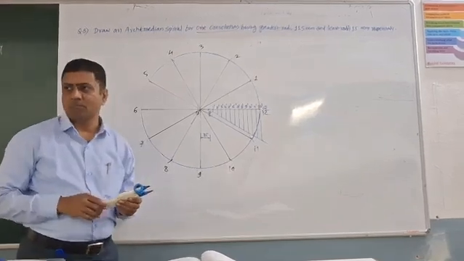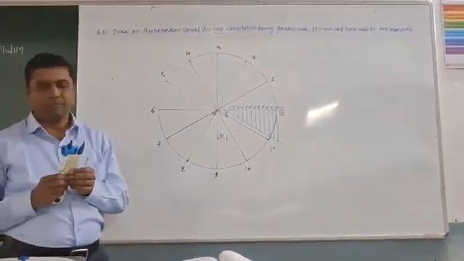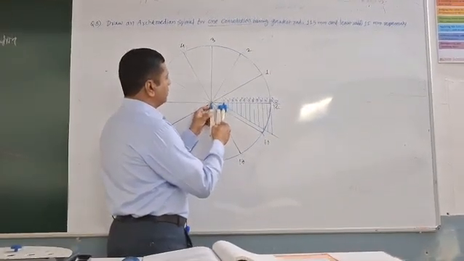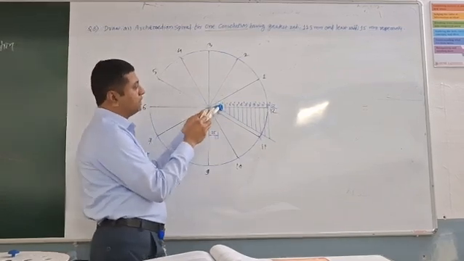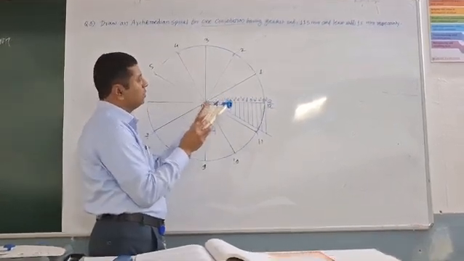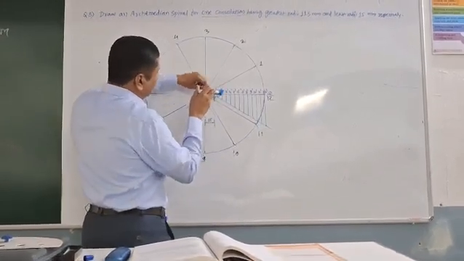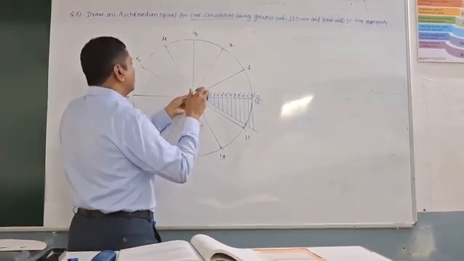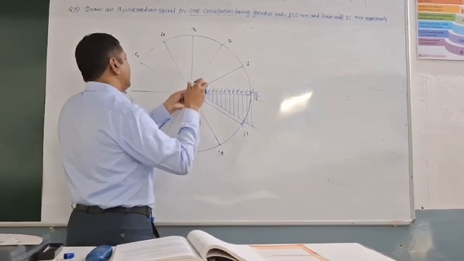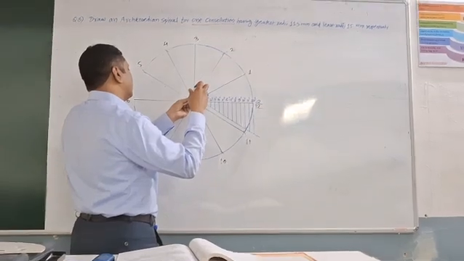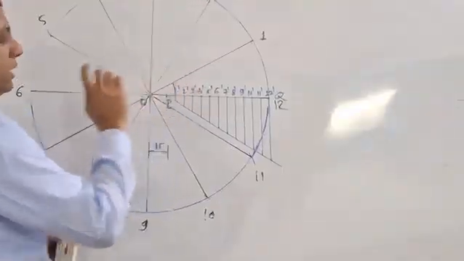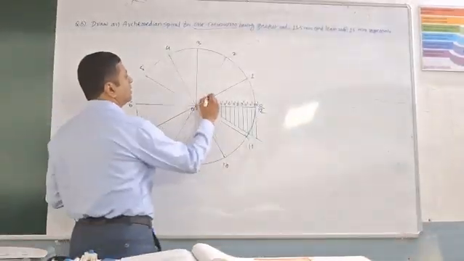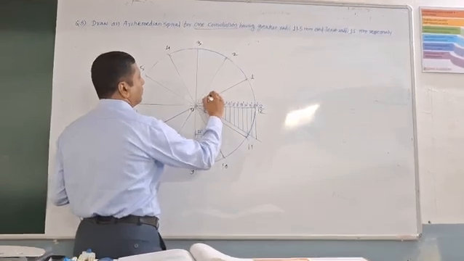Now next step, important step. Take the compass, take distance O1 dash, that means from the center you have to take the distance O1 dash. With O as the center, draw an arc which will intersect radial line O1.